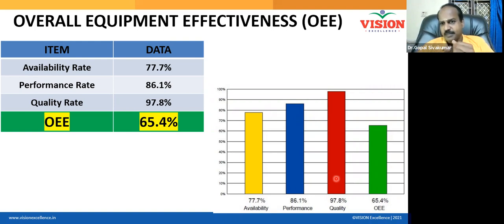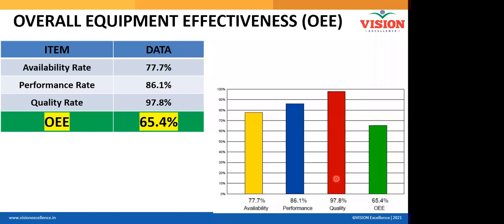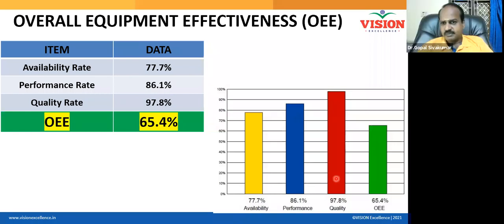M stands for measure. A stands for analyze. I stands for improve. C stands for control. So what is the methodology Six Sigma uses for reducing defects? DMAIC. All of you remember we discussed on day one, DMAIC. Define, measure, analyze, improve, and control.